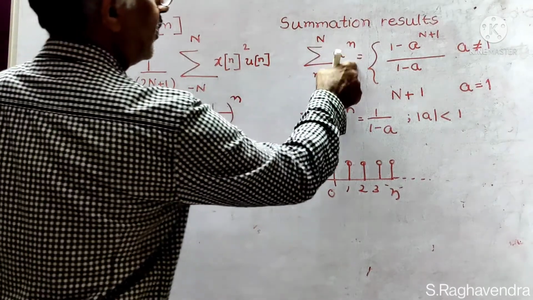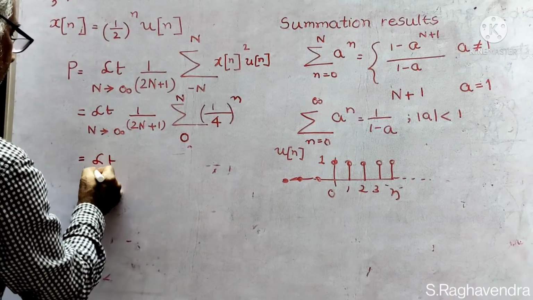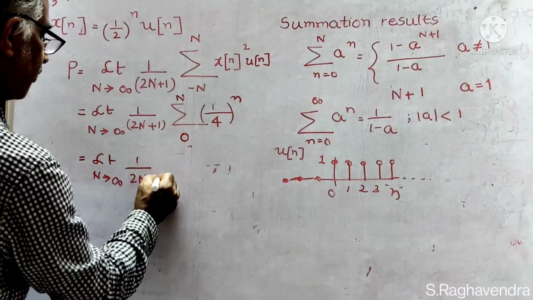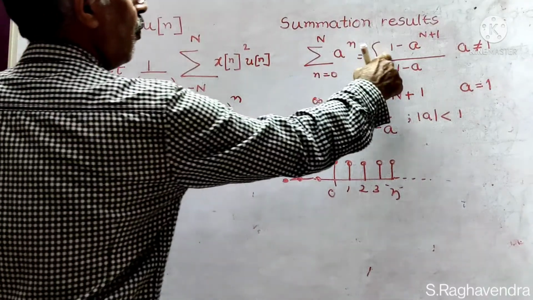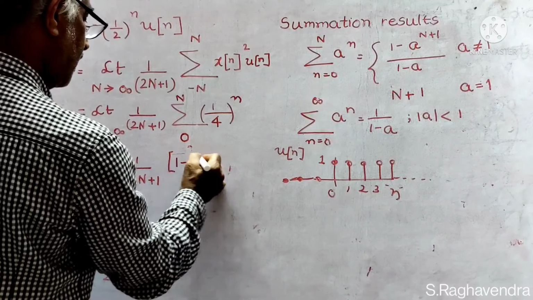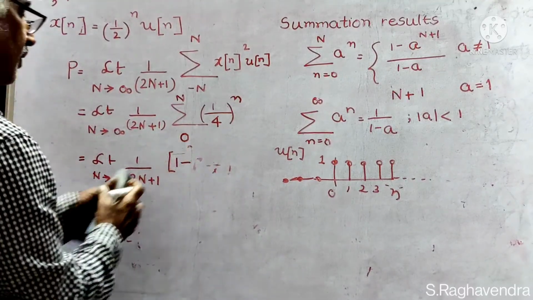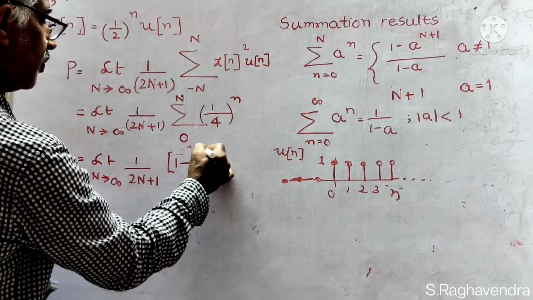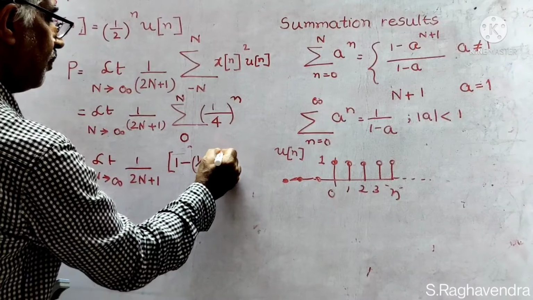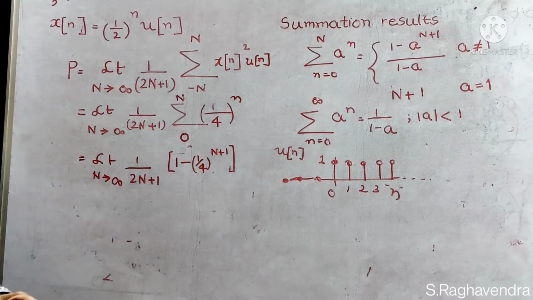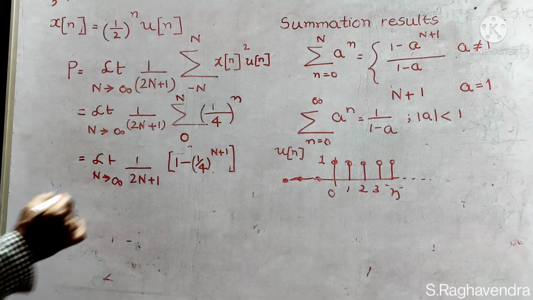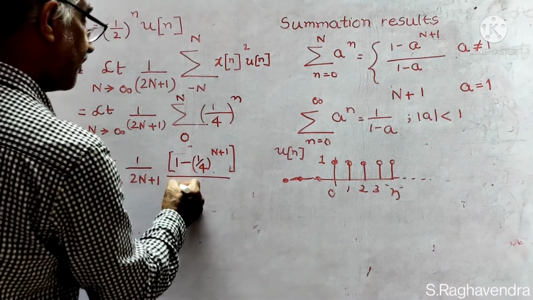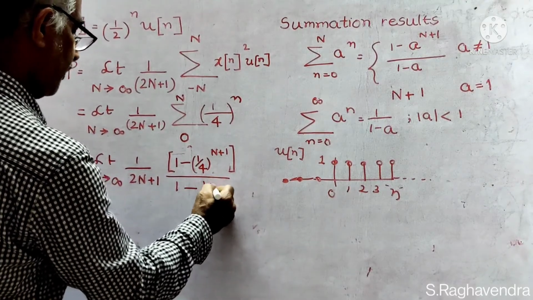Now apply the summation formula. Limit n tending to infinity of 1 over 2n plus 1, times 1 minus a to the power n plus 1, divided by 1 minus a, where a is 1 by 4.